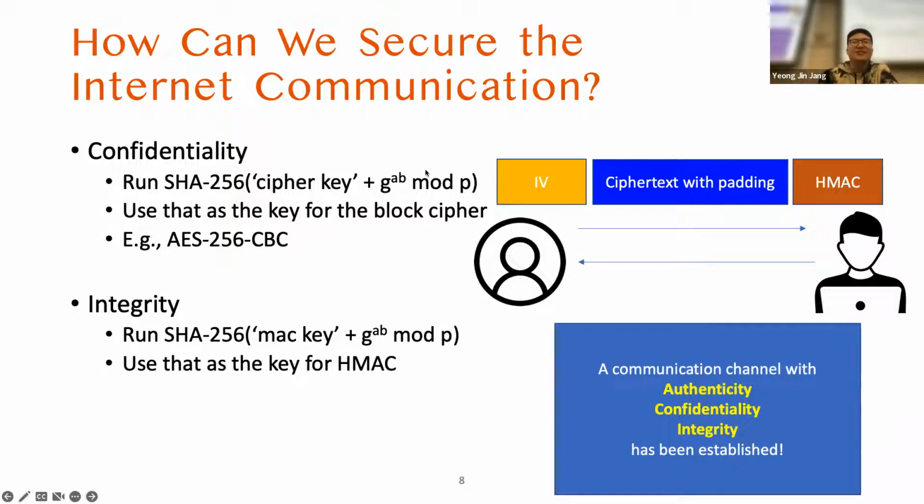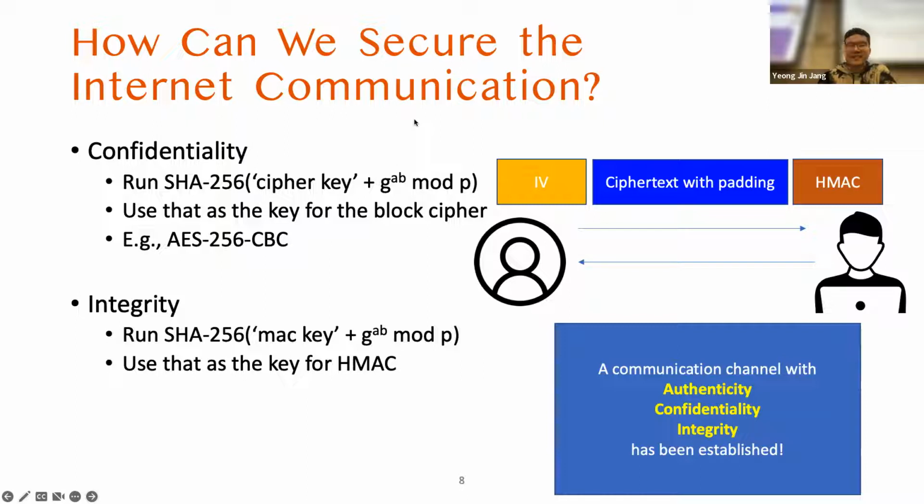Then that hash could serve as an AES key. For providing integrity, we need a key for the HMAC. We can also generate a SHA-256 MAC key, or some other value, using the shared secret. After that, we can send all the messages like this.